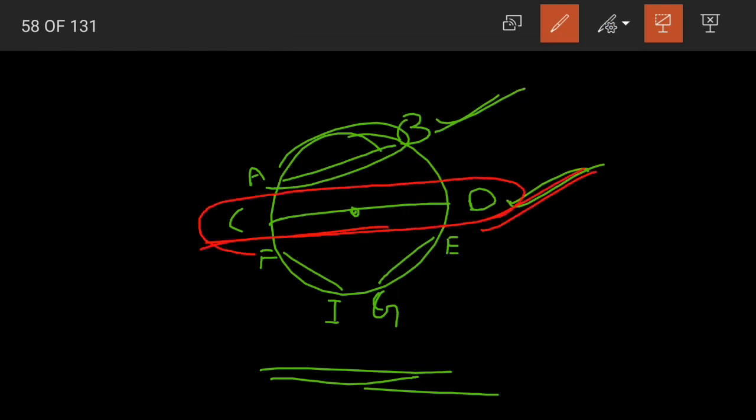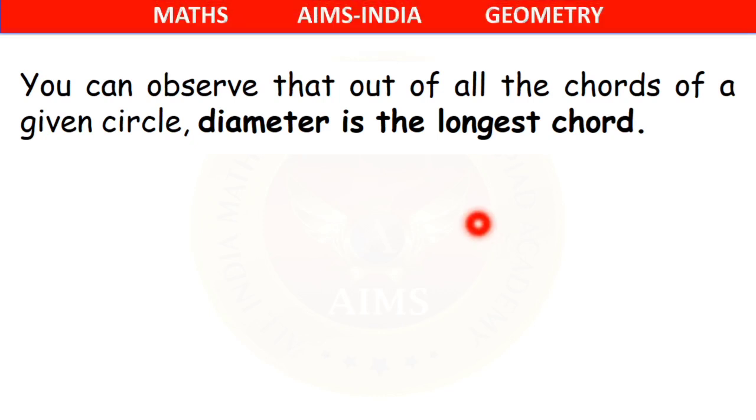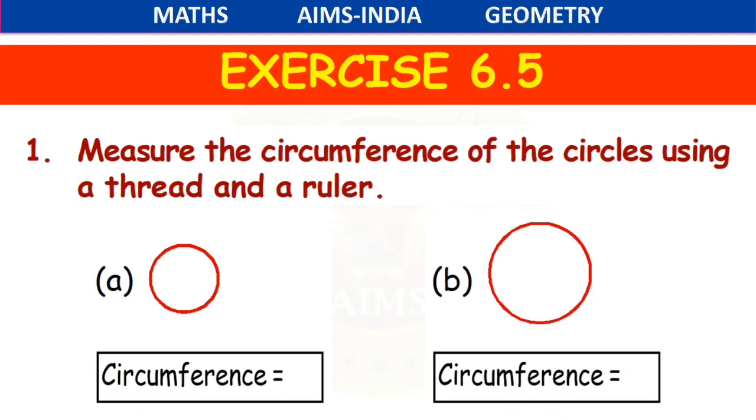The largest chord will always be our diameter. This is one property of the diameter that you must remember. The diameter is the longest chord. Now coming to our exercise. Measure the circumference of the circles using a thread and a ruler.